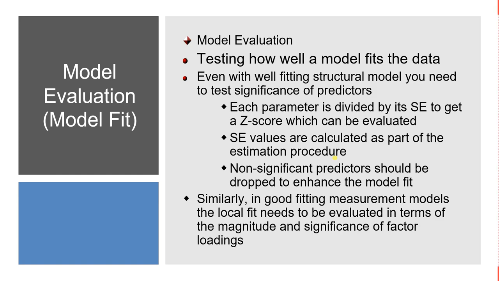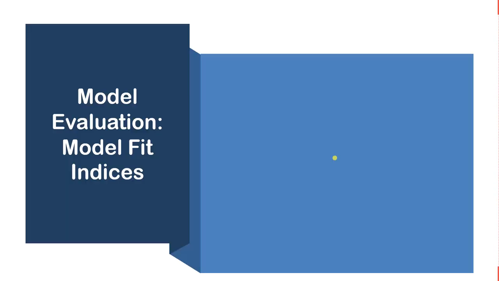If the factor loadings are very small, say 0.3, 0.2, even though they are statistically significant, researchers suggest that it will be better to drop those variables which are having very low factor loading, and that will result in an even better model fit. So this step is required at the level of model evaluation.